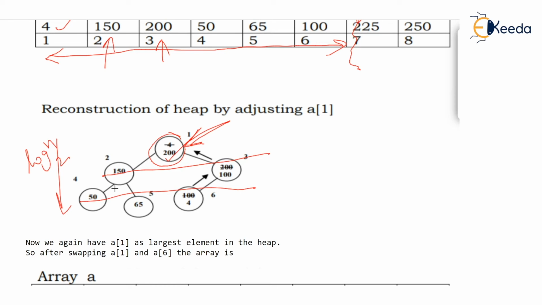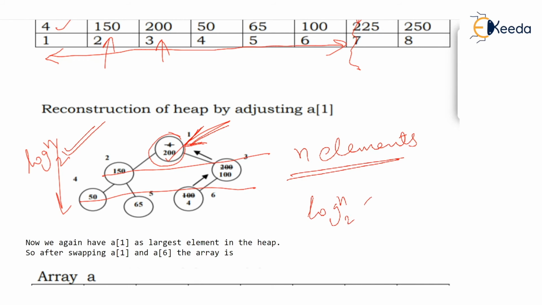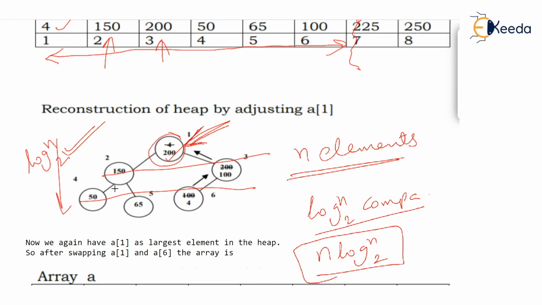So each time we adjusted the value of the first parent, it took log of n to the base 2 comparisons. And in total there are n elements in the array, isn't it? N elements. And for fixing each element, we require log of n to the base 2 comparisons. So how many total comparisons are needed? N multiplied by log of n to the base 2. This is the analysis of stage 2.